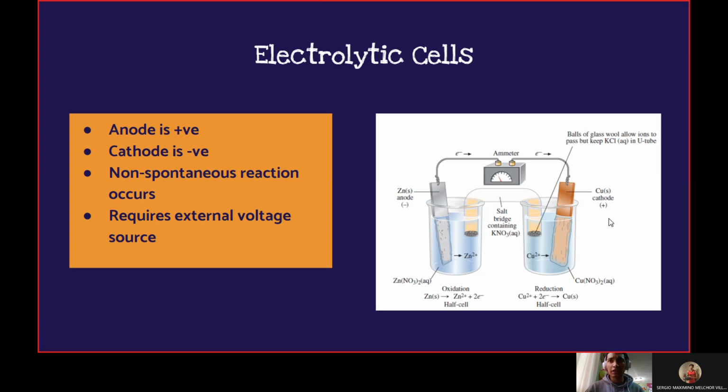Here in the image, you have two glasses that are connected with a salt bridge in order to undergo and catalyze this reaction. Here you can see that in the oxidation the electrons are lost, and in the reduction the electrons are gained.